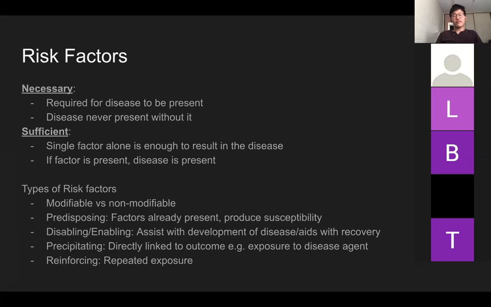Disabling assists with development of the disease, and enabling improves or aids with recovery. Precipitating, which is directly linked to the outcome, so you've got your exposure to the disease agent. And reinforcing risk factors, which are those where repeated exposure causes reinforcing exposure, I guess.